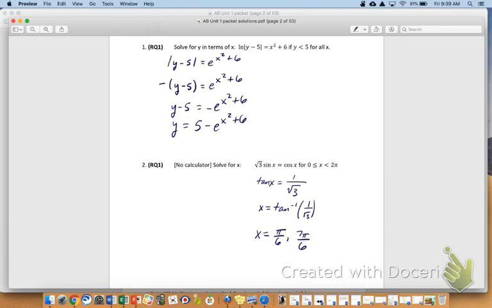So it comes from the fact that y is always less than 5. If you were going to try to do the absolute value of y minus y, it kind of depends on what y is. You have to consider both cases. And because I gave you that information, it's because it's negative.